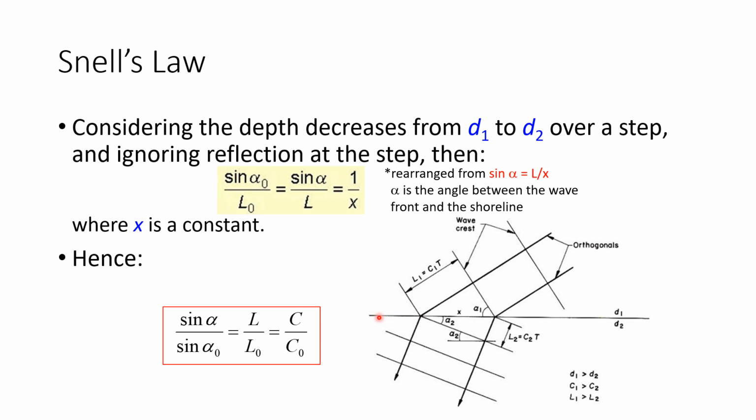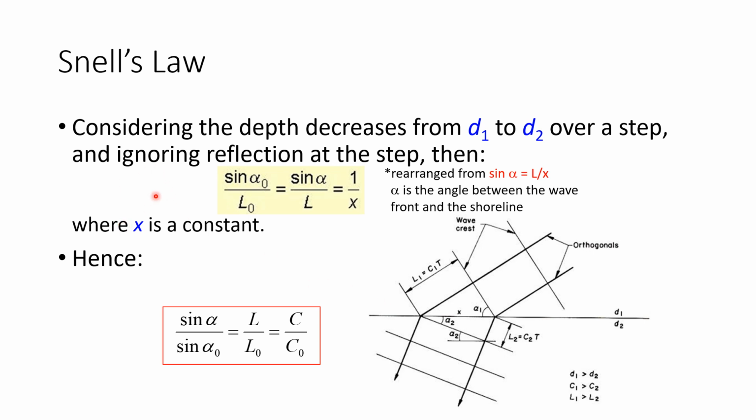Let's look at the triangle on the incoming wave. We can write sine of alpha equals L over x. So sine of alpha equals this L divided by this x.